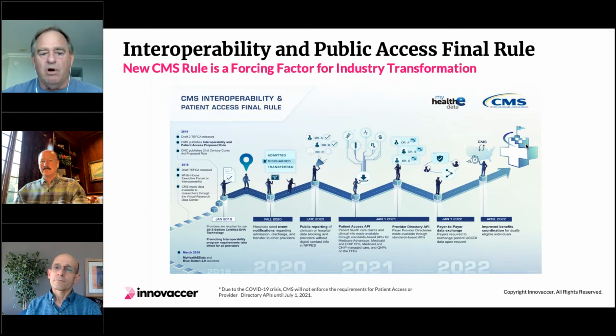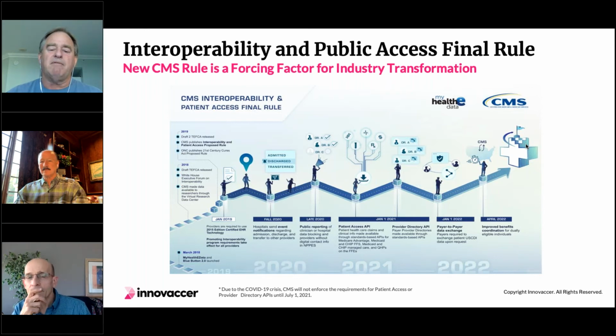July 1 is the date we're all working for. At Innovacer, we're very fortunate that we're working with some payers in this particular environment to move this forward. And we're very happy and proud to be part of this because, like I said, from a technology perspective into the business of medicine, it's the ability to provide this transparency and openness.